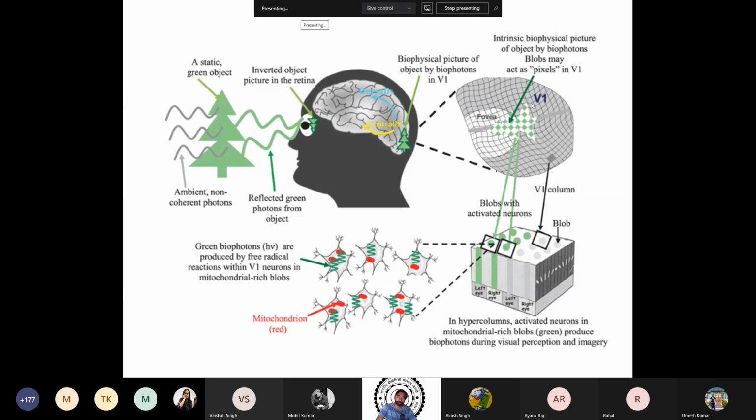And here you have what is called the visual V1 area, where different kinds of neuronal structures are representing this tree. If you go deeper down, you will see that this actually is a three-dimensional block, or sometimes called a blob.